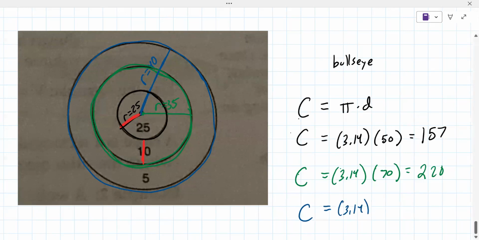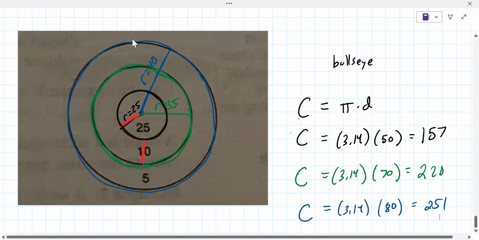Sounds good. Sounds like you used 80 as the diameter. Very good. Okay. All right.